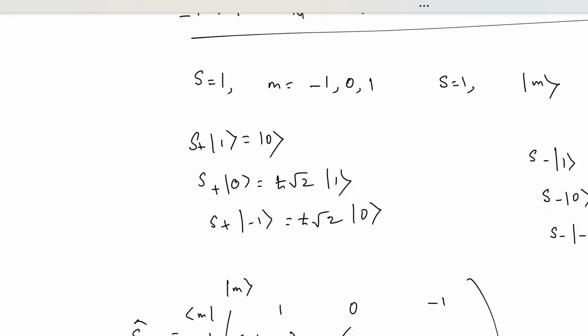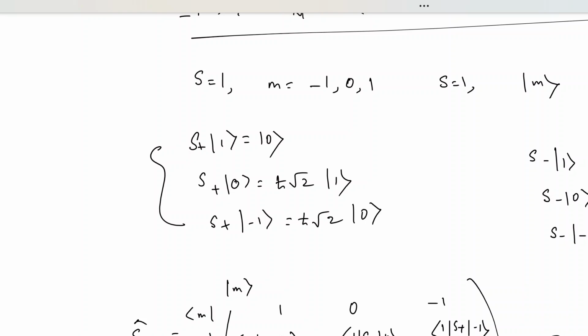The second term will be 1, plus 0. Third term will be 1, plus minus 1. Then this term will be 0, plus 1. And similarly all the other terms have to be filled up for this matrix. So the matrix elements are defined like this. Now since you already know these, you know that s plus on 1 will be 0.